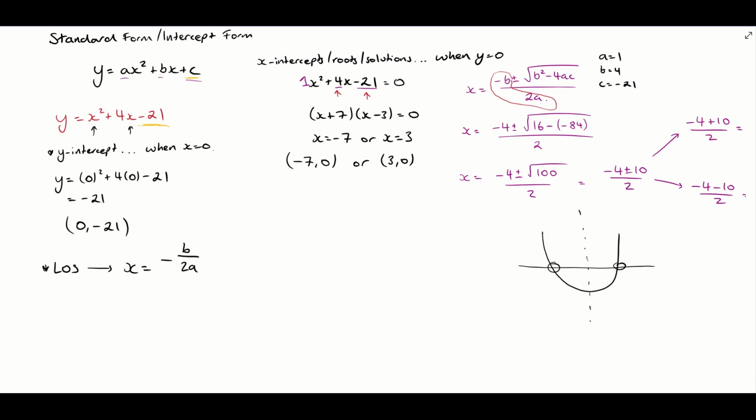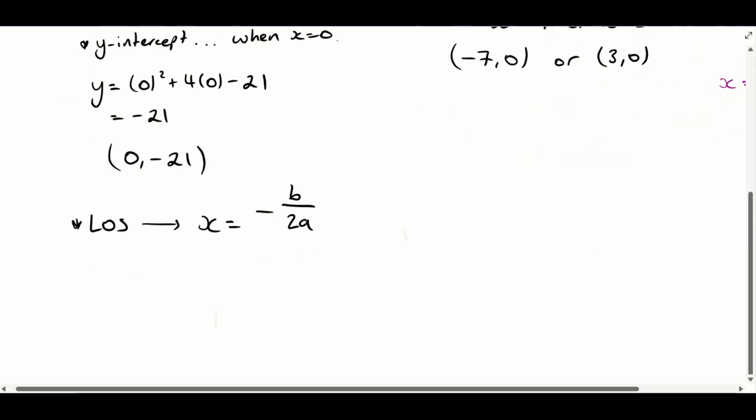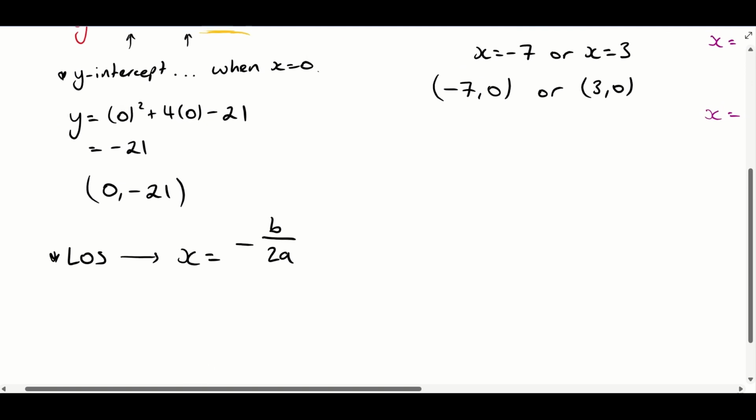And that's where that negative b over 2a part is coming in, because it's saying that's our middle point, plus or minus an amount to get to our roots. So this is our line of symmetry here, and the equation's saying our root would be that far that way, or the same distance that way. It's okay if you got a little bit lost there, as long as you can remember that the line of symmetry is just negative b over 2a.